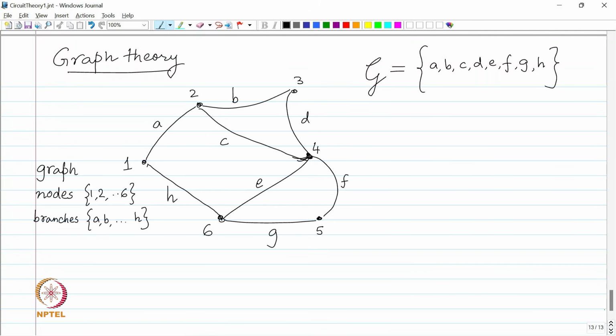We can also assign some directions, some arrows. So, just for fun you can assign some arrows to each of these branches. All right. And with these arrows, this graph is now going to be called a directed graph or a digraph.